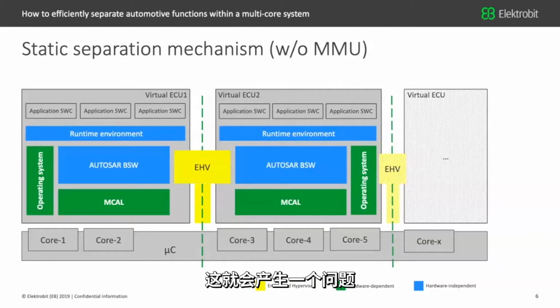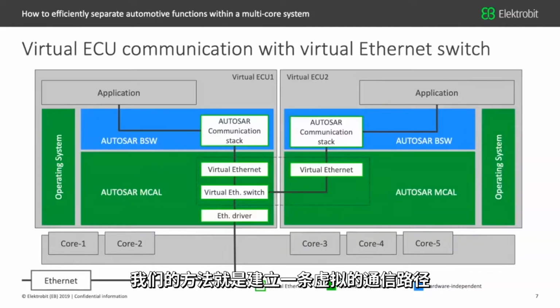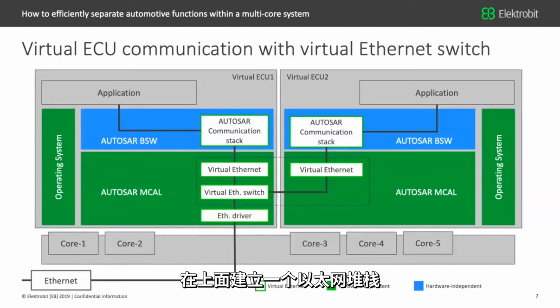That brings in the question: how do the virtual ECUs communicate between each other? And here our approach is that we have a virtual communication path with an Ethernet stack on top.